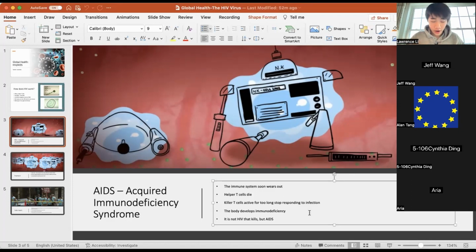We call this condition where the human body and immune system has become weakened immunodeficiency, which makes sense, right? Immuno, the first part of the word, refers to the immune system. It refers to immunology, and your body's ability to fight off viruses, bacteria, other foreign pathogens.